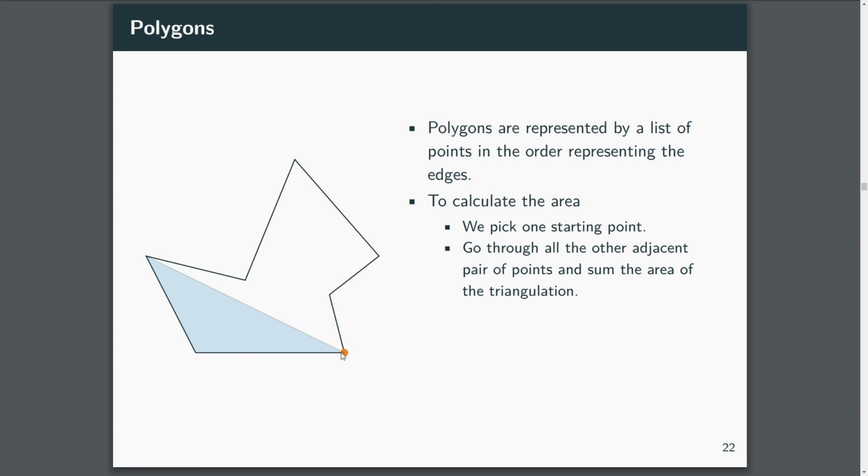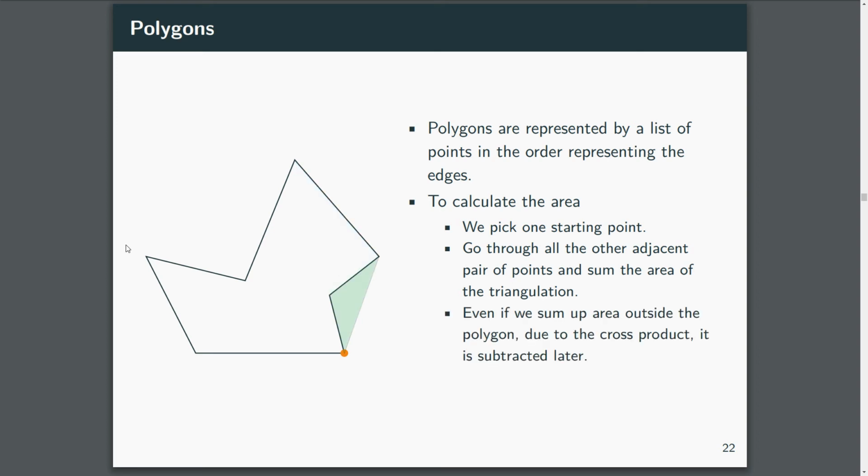So for example here, this starts out as a clockwise angle from here to here. So that will give you a negative value. This will also give you a negative value, a negative value here, and finally here you get a positive value.